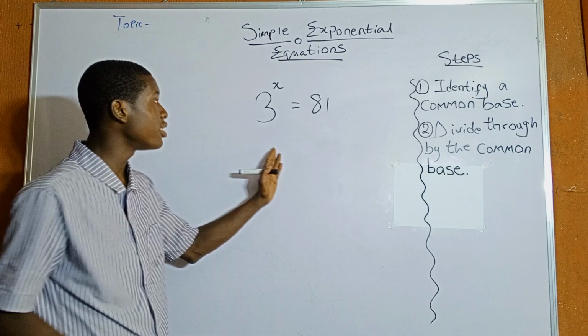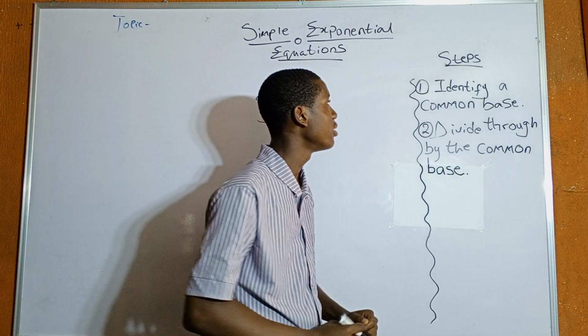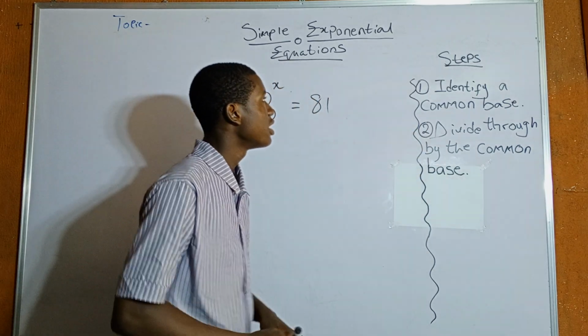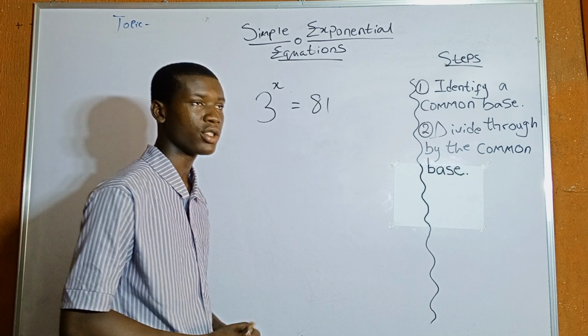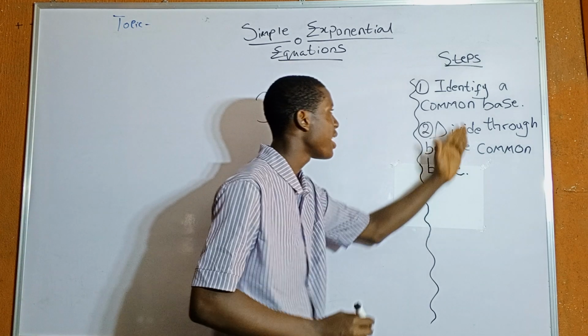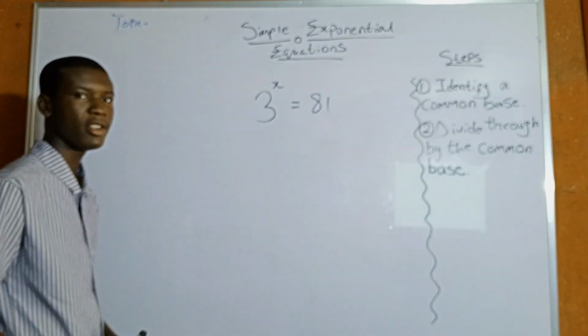Now, to solve this question, we have the steps here. Step 1. This is the summary of all steps in a simple exponential equation. And step 1 says identify a common base. What does that mean?